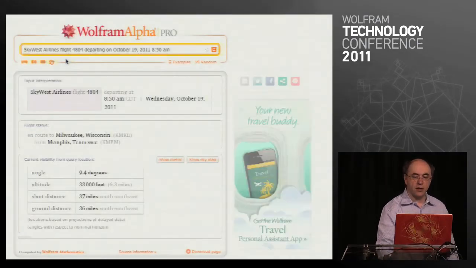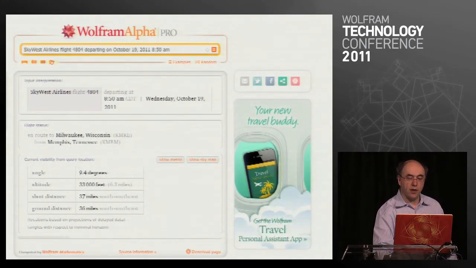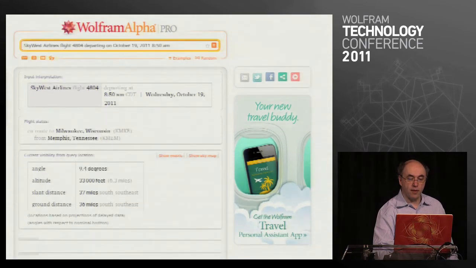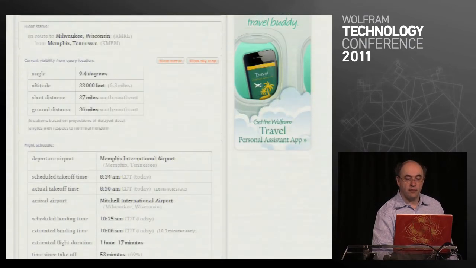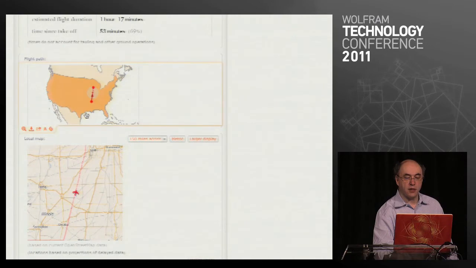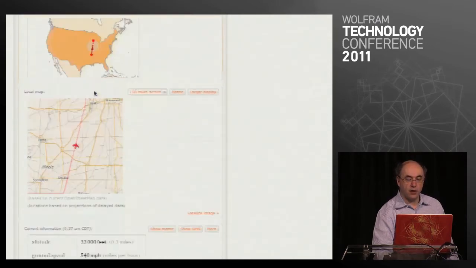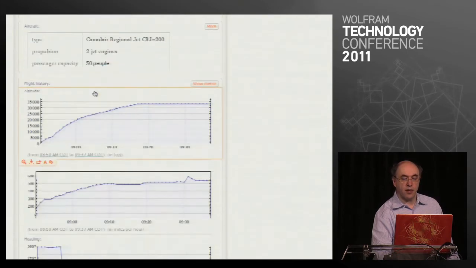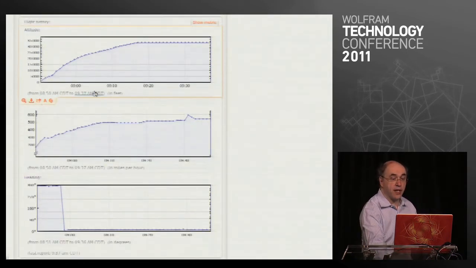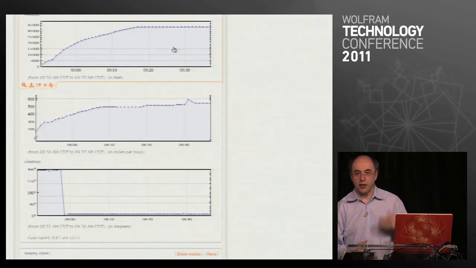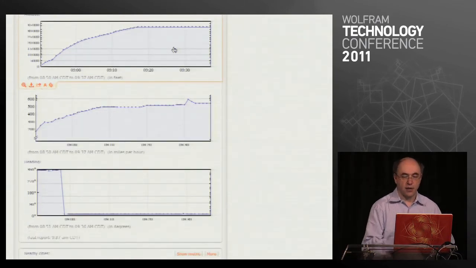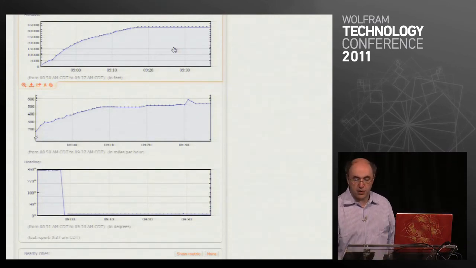Let's look at more details here. This is a plane going to Milwaukee from Memphis, and there's its route of flight, and you can see from where you can see that plane. Down here, we can see the altitude of the plane as a function of time and so on. It's really remarkable how much stuff you can actually compute about the world, and how much you can get when you start combining all these different things that can be computed.